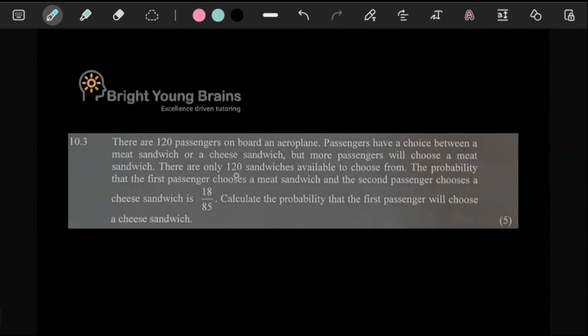There are only 120 sandwiches available to choose from. The probability that the first passenger chooses a meat sandwich and the second passenger chooses a cheese sandwich is 18 over 85. Calculate the probability that the first passenger will choose a cheese sandwich. What?